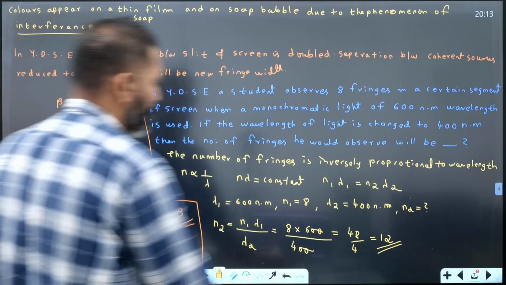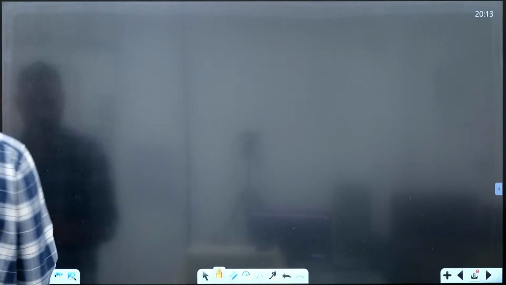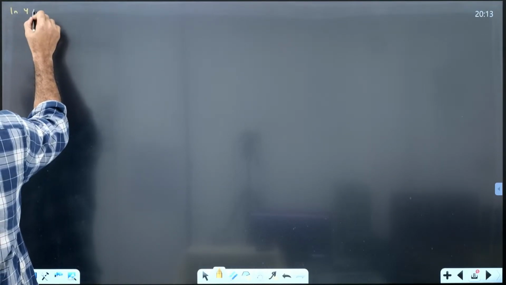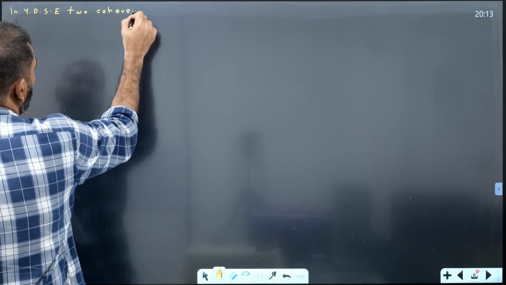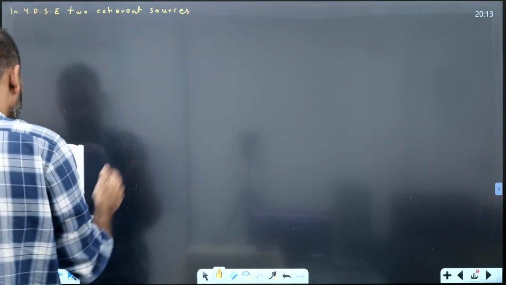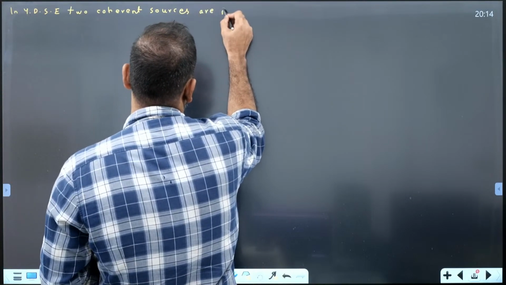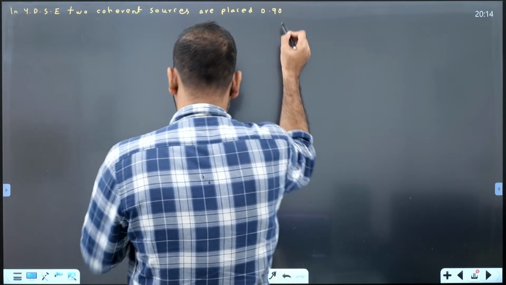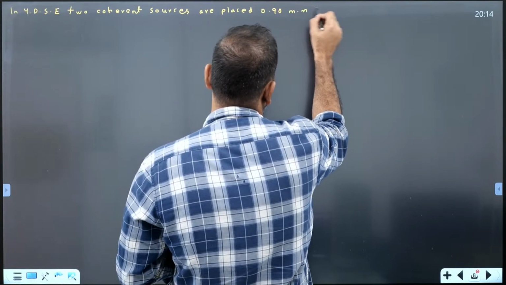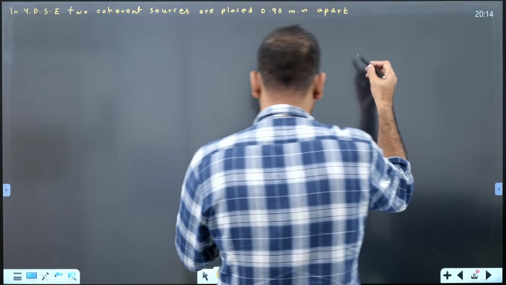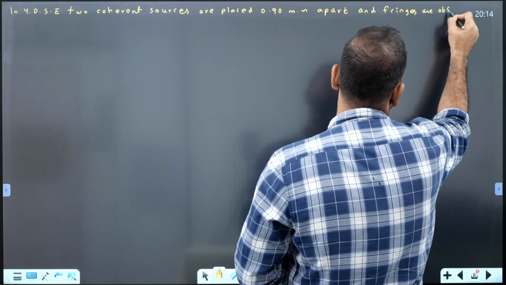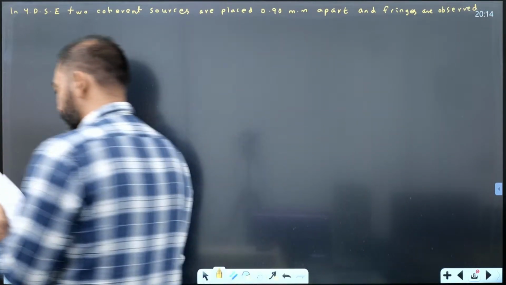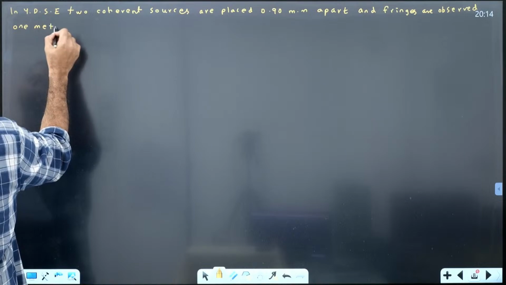Next question. In YDSC, two coherent sources are placed 0.90 millimeter apart, and fringes are observed 1 meter away.